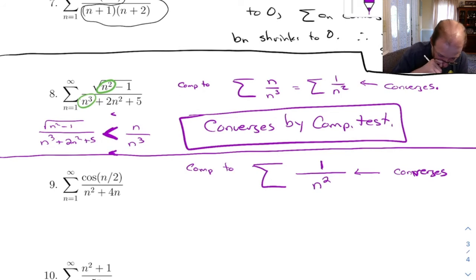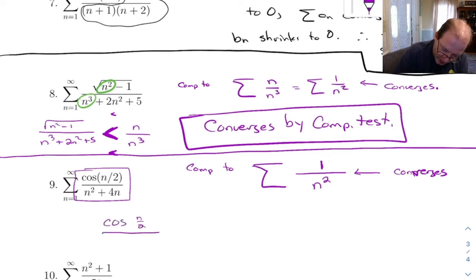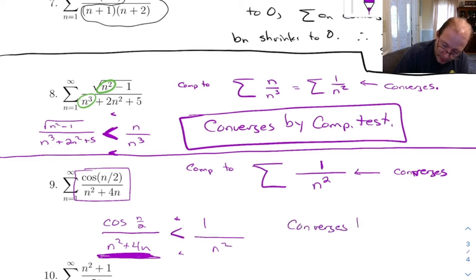Now if you look at this over here, cosine of n over 2, if you compare that with 1, it's smaller. So that's going to make this fraction smaller. And if you compare n squared plus 4n with n squared, this is a bigger number, which makes the overall fraction smaller. So therefore, this works. This converges by comparison.